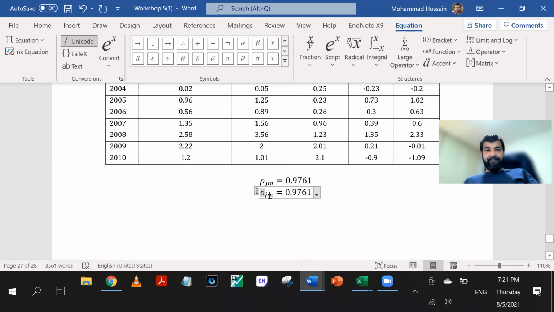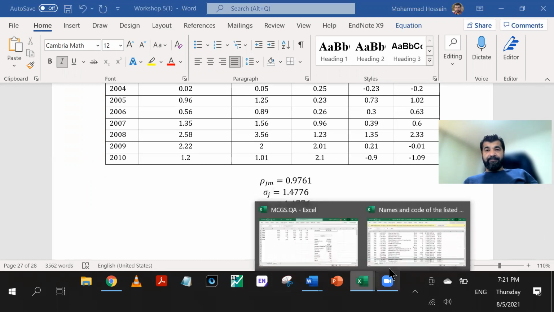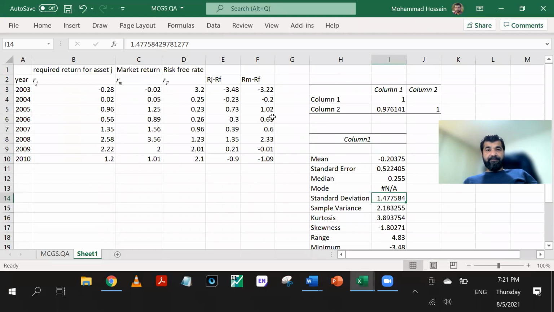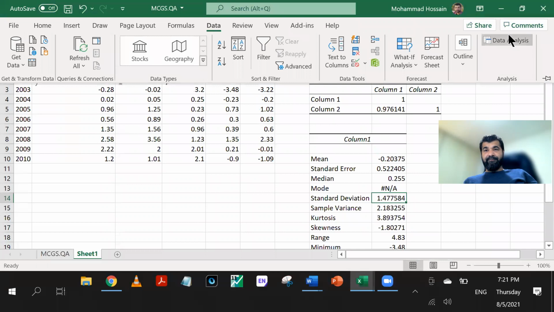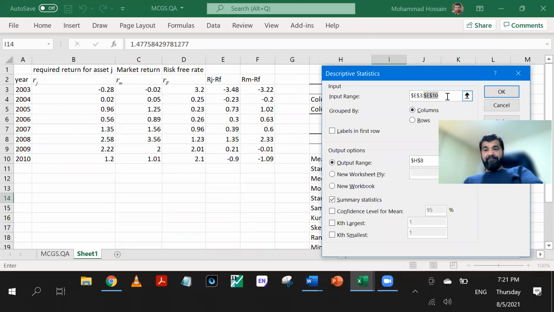Sigma 1.4776, for example. And here, this much changes.